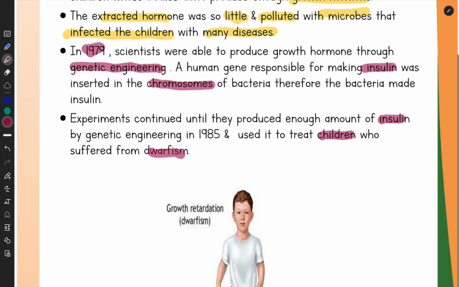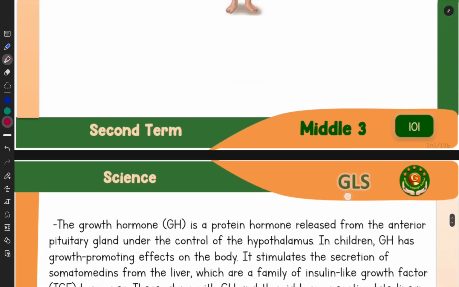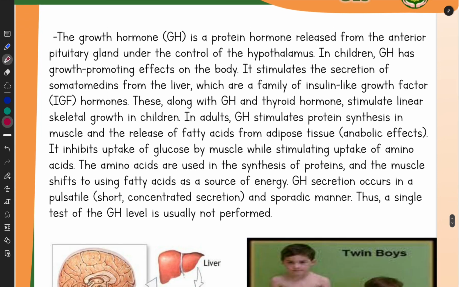Okay. The growth hormone, GH, is a protein hormone released from the anterior pituitary gland under the control of the hypothalamus in children. Growth hormone has a growth promotion effect in the body. It stimulates the secretion of somatomedins from the liver, which are a family of insulin-like growth factors, IGF.